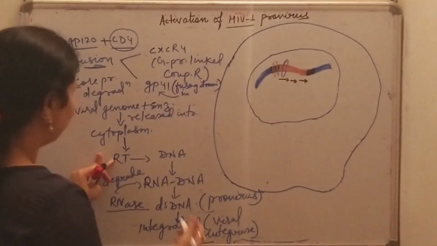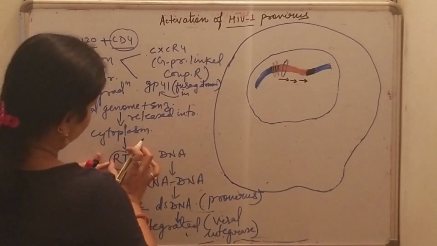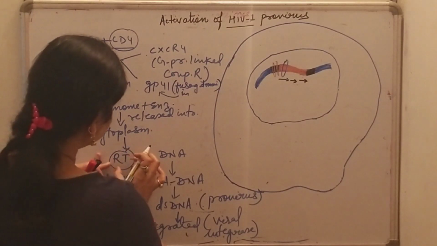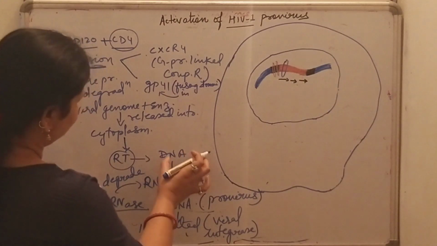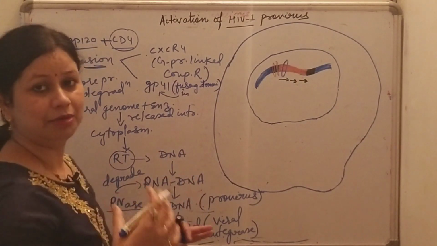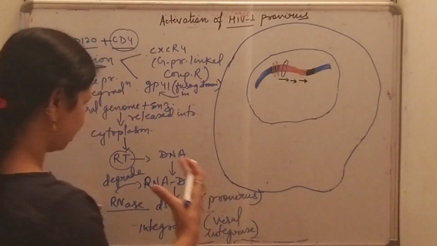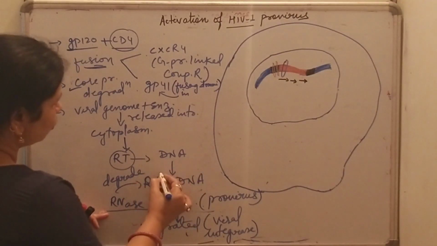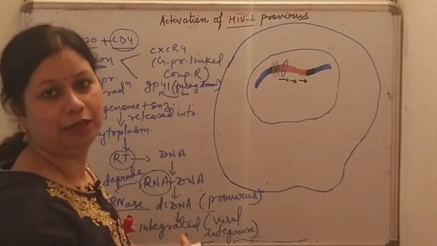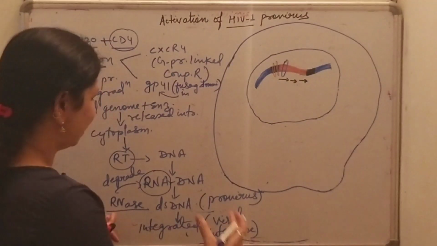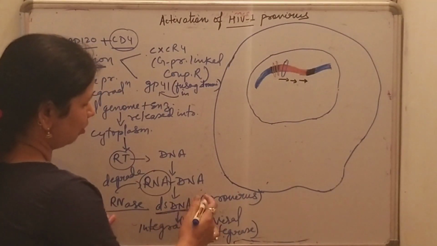The reverse transcriptase enzyme catalyzes the formation of a DNA molecule, and after that an RNA-DNA hybrid is formed. Then the original RNA template is degraded with the help of the ribonuclease enzyme, and so the double stranded DNA molecule is formed.